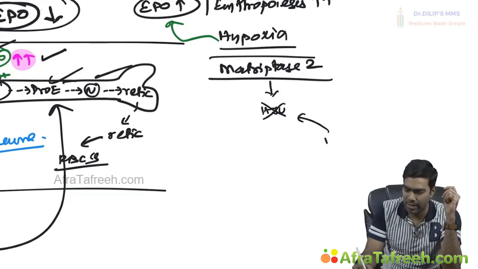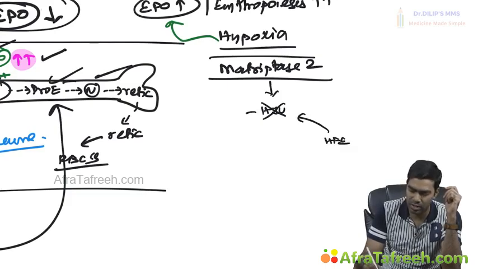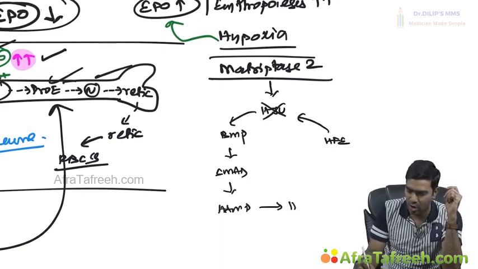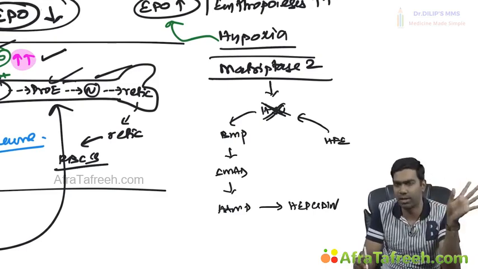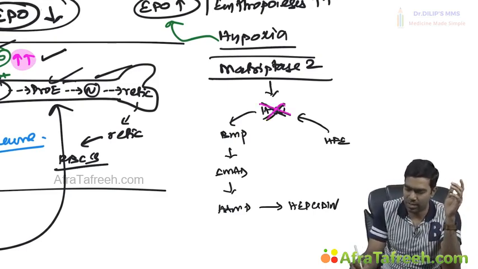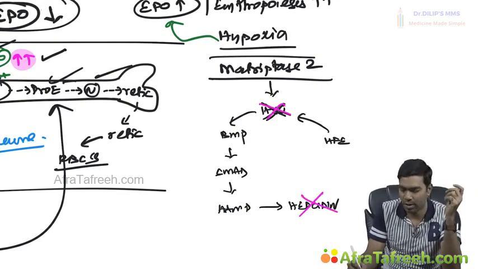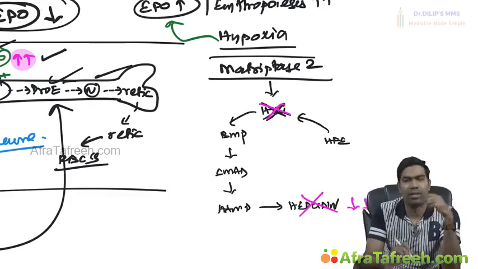This HFE signaling to HJV to BMP to SMAD to HAMP to hepcidin, all these things are disrupted. This entire signaling is disrupted because HJV is not functional. So if this is disrupted, you can't get hepcidin, obviously. So there will be low hepcidin levels only.